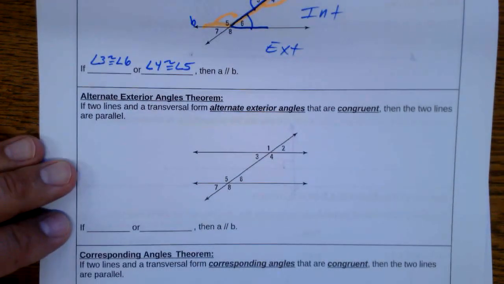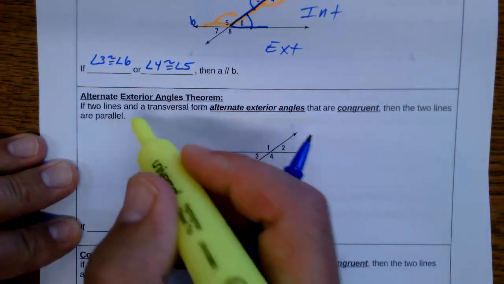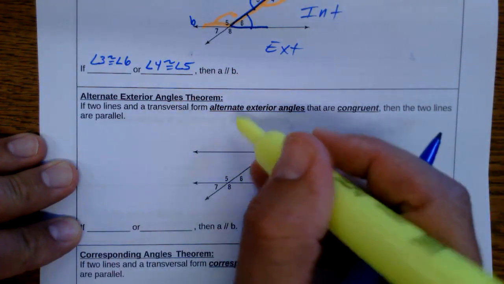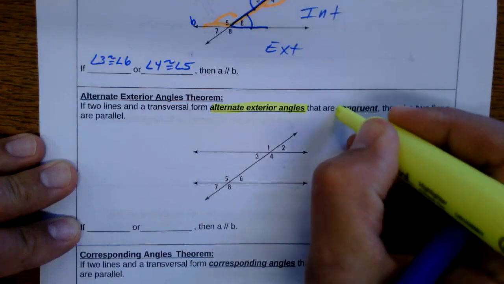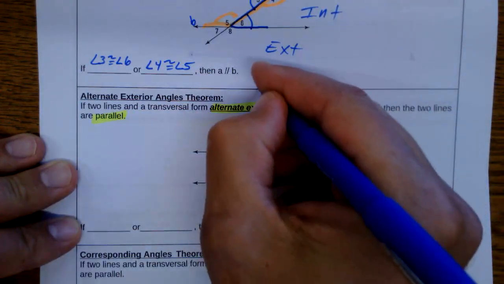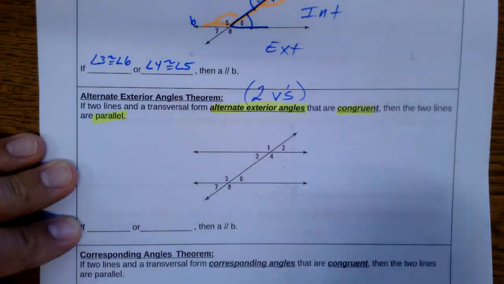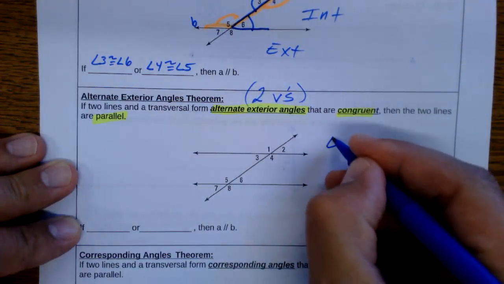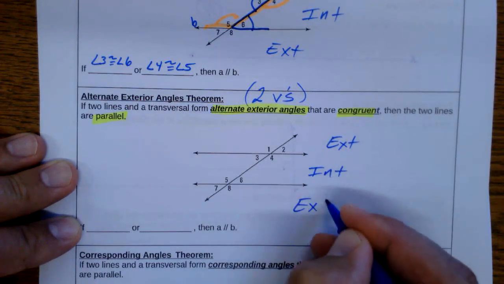All right, next is our alternate exterior angles theorem. It says if two lines and a transversal form alternate exterior angles that are congruent, then the two lines are parallel. So again, reminder, those are our two V's. Again, this is exterior, this is interior, this is exterior.